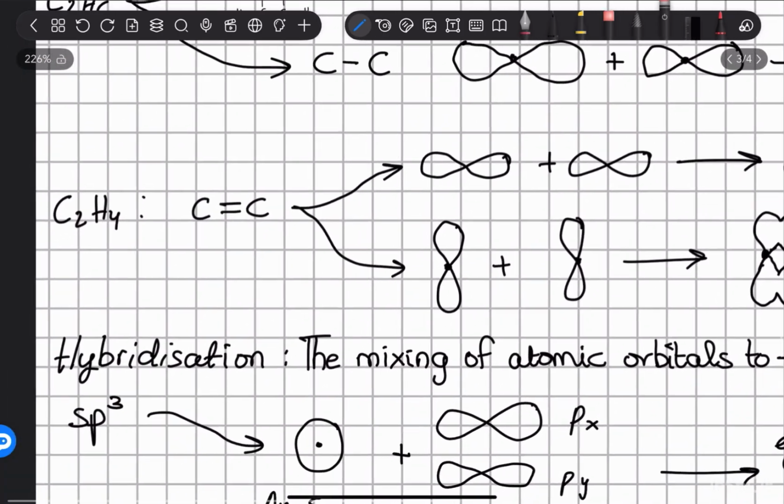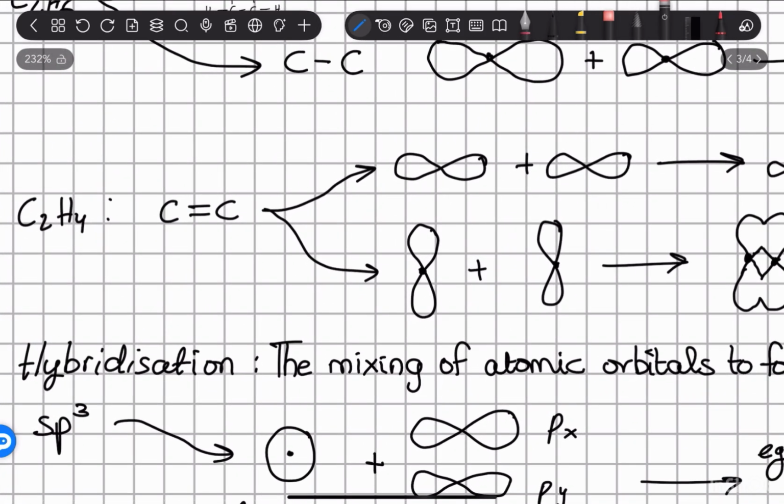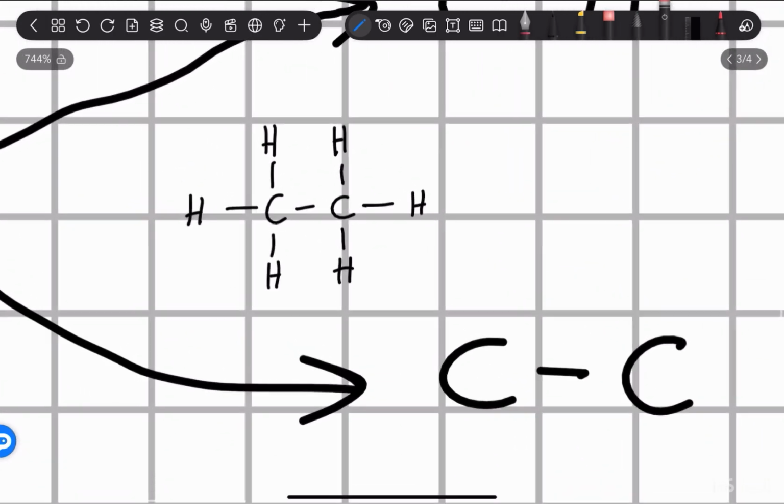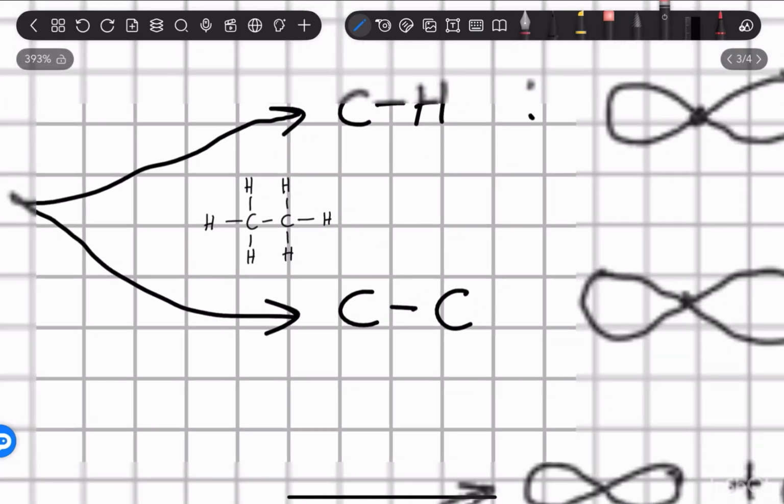Alright, so our next example is ethene. Ethene is essentially ethane with a double bond. So ethene has everything that ethane has, minus two hydrogens and adding a double bond.